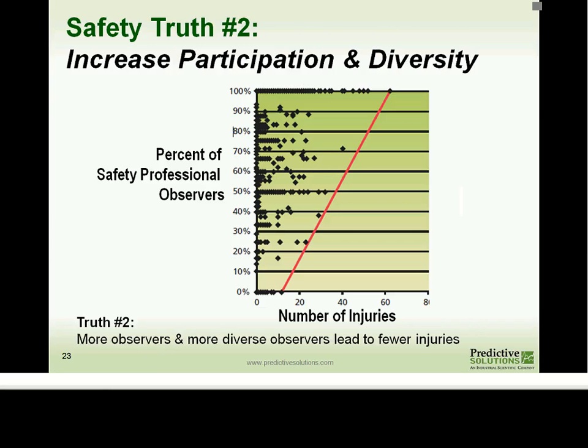I always look at observations, inspections, audits as people going out and taking a snapshot of culture, right? Either they're observing rules, regulations, policies, procedures, or they may be observing behaviors. But when you're out there observing, you're taking a snapshot of that culture in time.